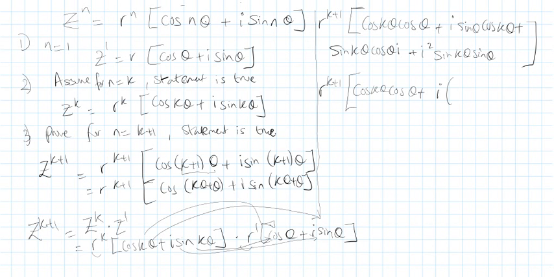So i, open bracket, cos kθ sin θ plus sin kθ cos θ, close bracket. And then over here, the i² can be replaced by -1, so that you get minus sin kθ sin θ. Okay, so we get, once again, the very long statement.